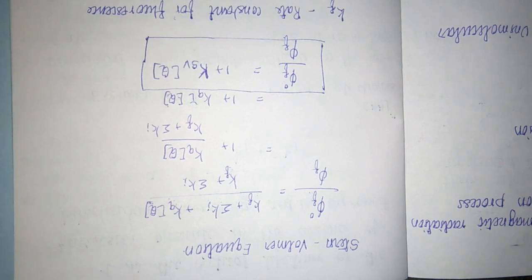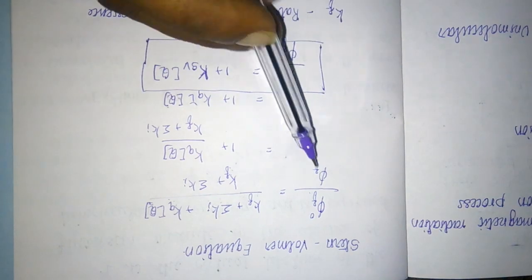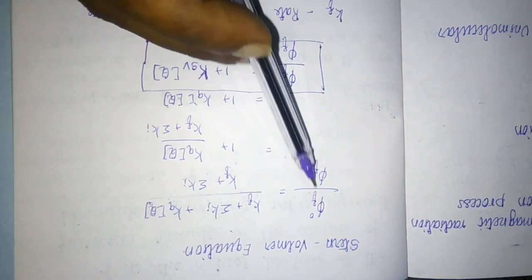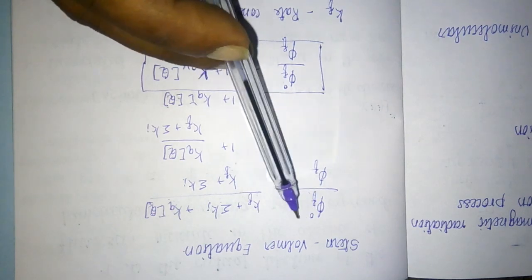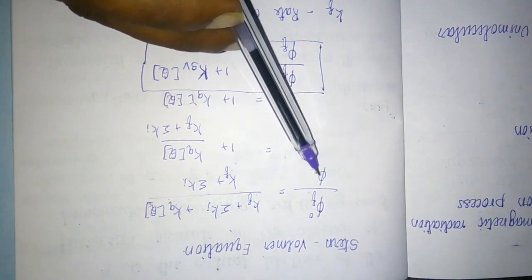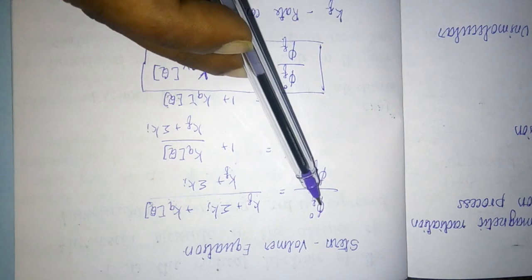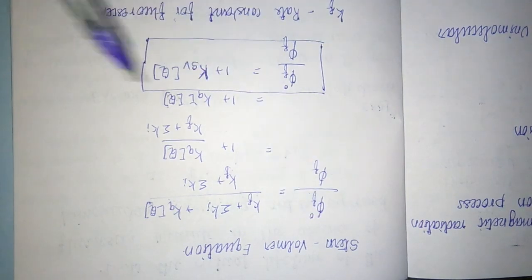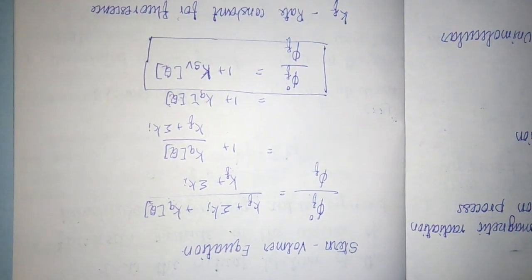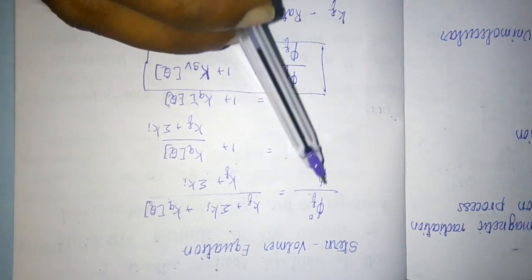This equation is actually a ratio of the quantum efficiency of fluorescence in the presence of the quencher and in the absence of the quencher. Psi f0 shows the quantum efficiency of fluorescence in the absence of the quencher.